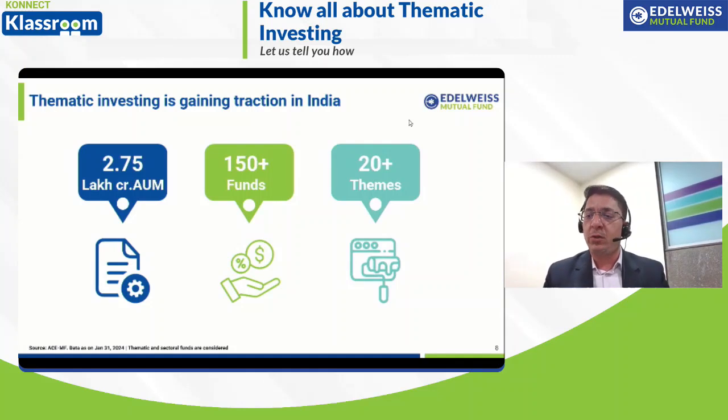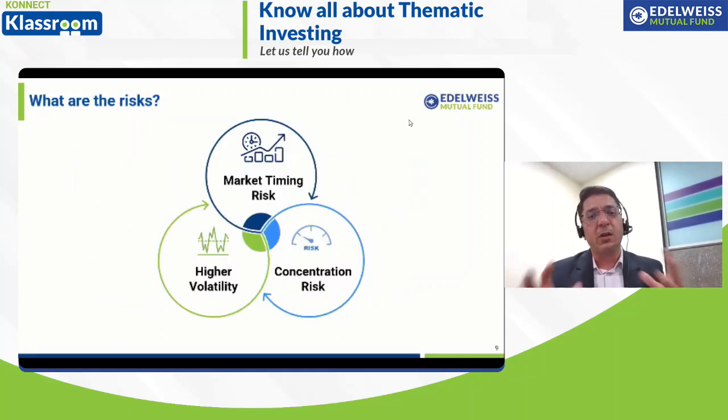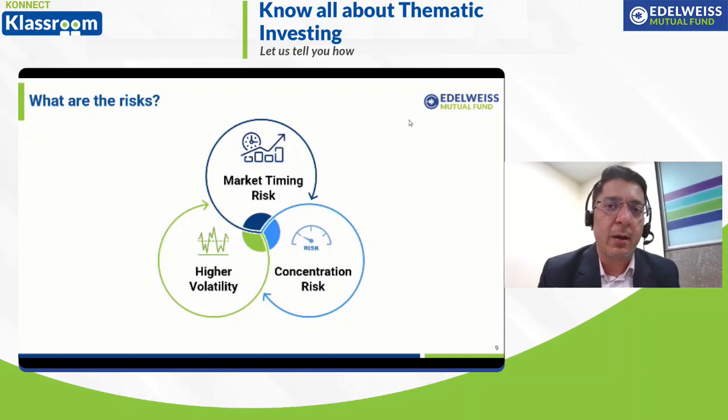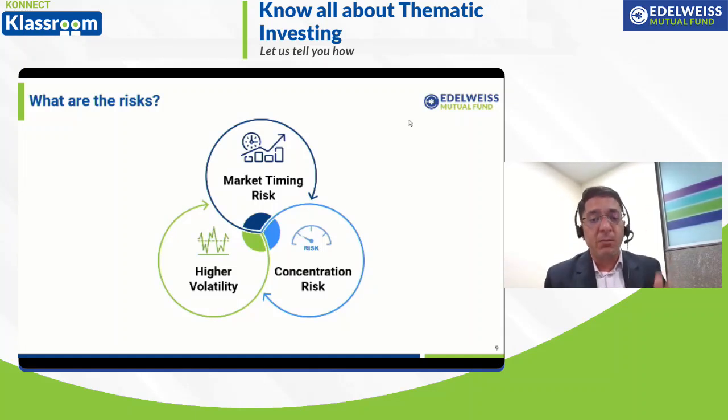But what we also need to remember is every investment comes with its risks. Thematic schemes have their own risks, and three predominant risks which we need to be very cognizant about when we are investing in thematic schemes are timing risk, concentration risk, and higher volatility.